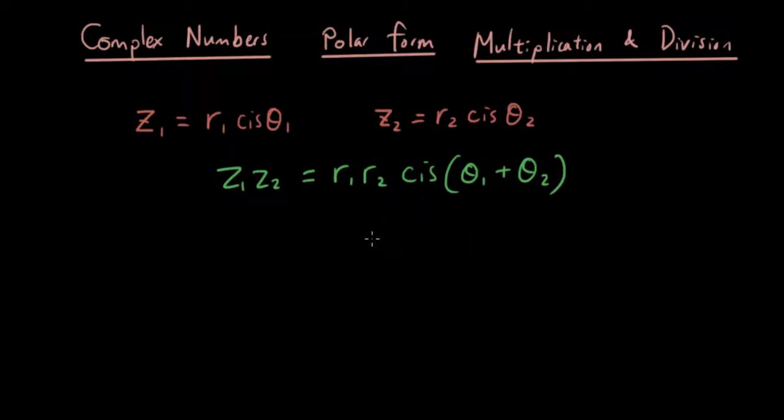So let's do an example of that using some example numbers. Z1 equals 3 cis 20 degrees.